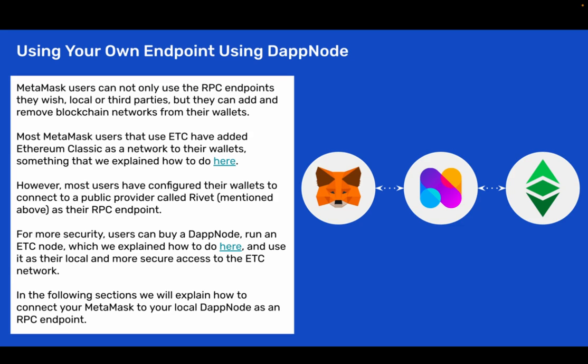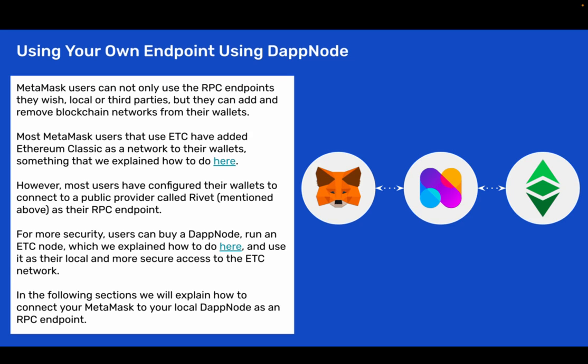MetaMask users can not only use the RPC endpoints they wish, local or third parties, but they can add and remove blockchain networks from their wallets. Most MetaMask users that use ETC have added Ethereum Classic as a network to their wallets, something that we explain how to do here. However, most users have configured their wallets to connect to a public provider called Rivet, mentioned above, as their RPC endpoint.